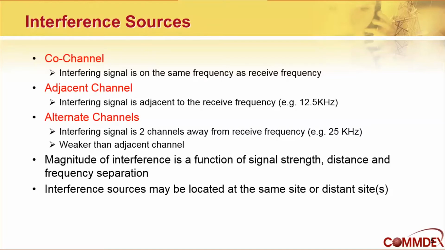That's to keep these adjacent and alternate channels away from those other transmitters. But interference to a receiver, the magnitude of any interference is really a function of the signal strength, its distance from your receiver, and its separation in frequency. So the co-channel is the worst, really hard to get rid of. Adjacent channel is bad, alternate channel not as bad.